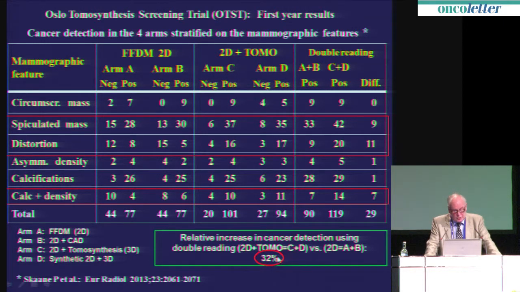32% more cancers. Also, there was a relative increase in cancer detection of 32%, and again, there were cancers manifesting as speculated masses and distortions mainly, or in this case, interestingly, also some cancers manifesting as a microcalcification within an asymmetric density.